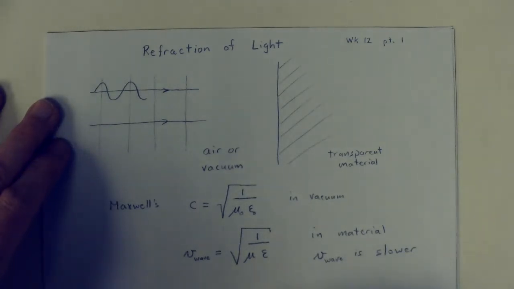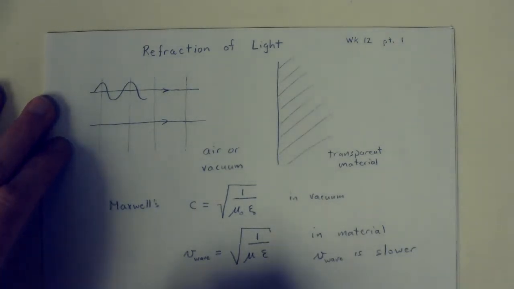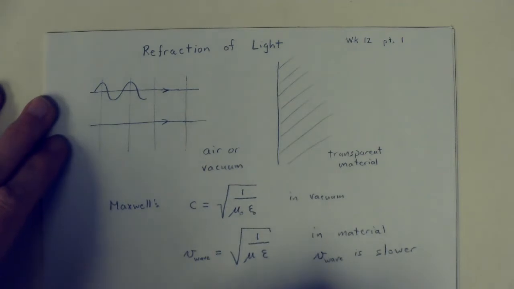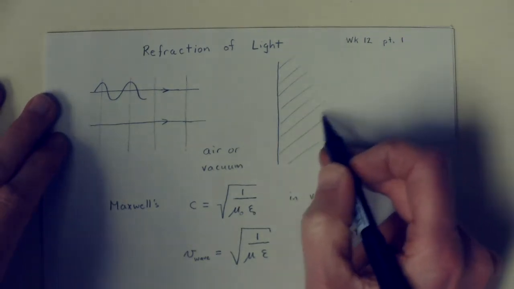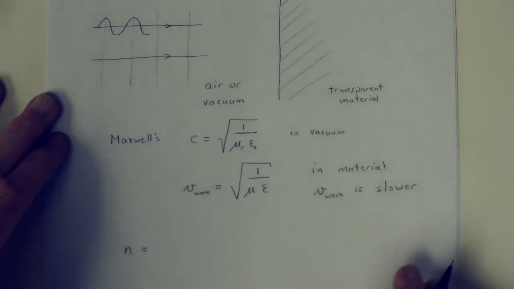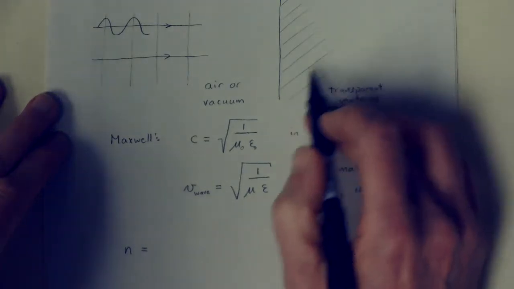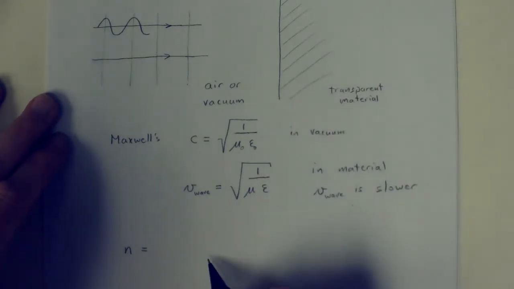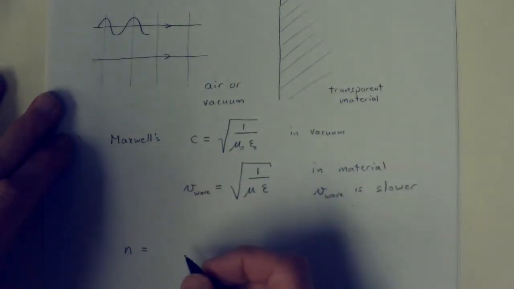And so an index is defined, and it's defined kind of upside down, at least it seems like it, at this point, the way we define things. n is the index that characterizes this material and tells us something about how the speed varies in that material compared to the vacuum.